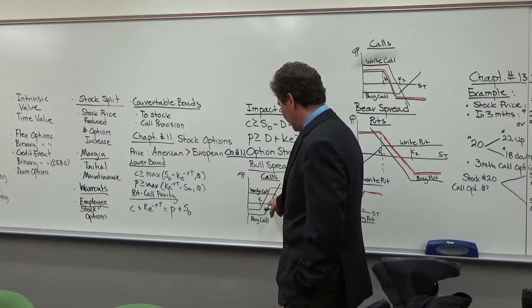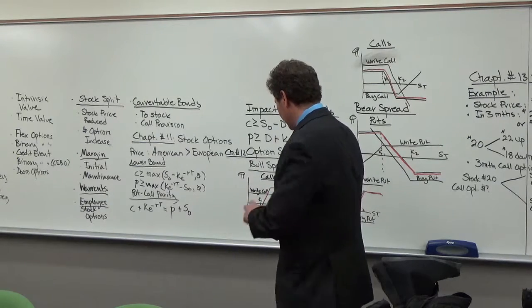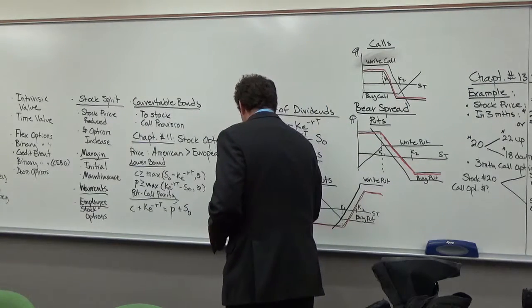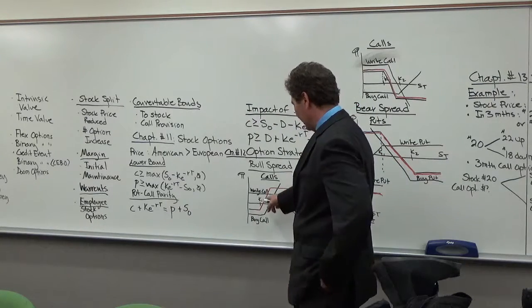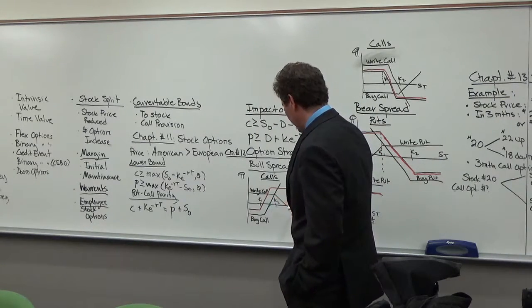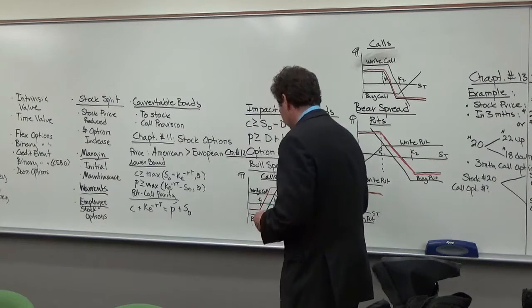So you're going to be in the money here, right? Because this is your break even. So the strike price would be here, and then when you're writing the call, here's your break even, right there.